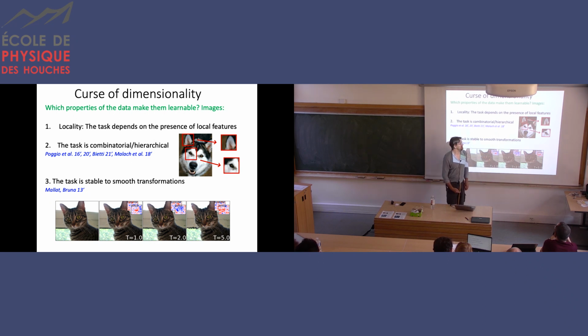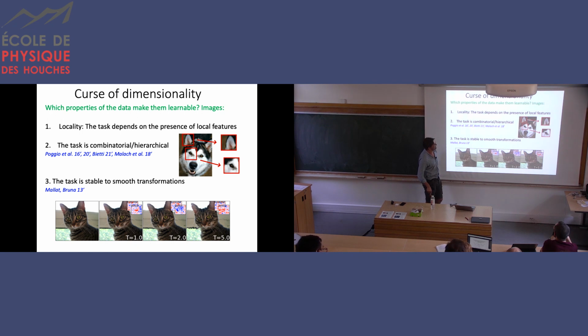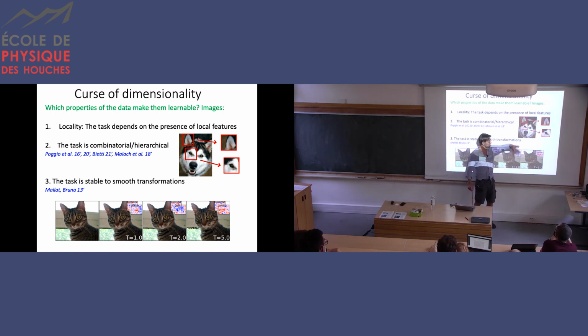Okay, so let me go to this curse of dimensionality problem. Remember, data should not be learnable in general, so they must have some structure. And what is this structure? Here I'm giving 3 possible candidates that are discussed in the literature. One is the notion of locality. I want to distinguish it from something that I was told you have been discussing, which is: imagine my input is highly dimensional, but only a few coordinates matter, but always the same.